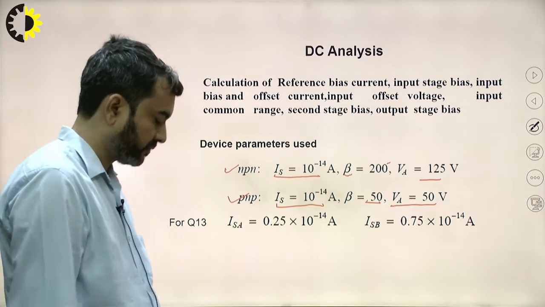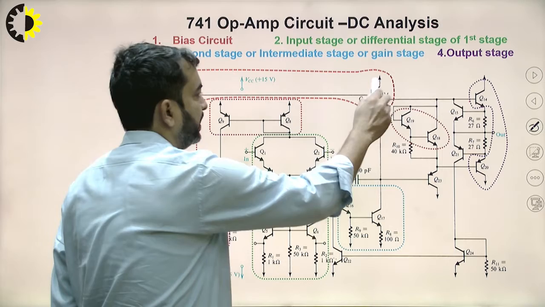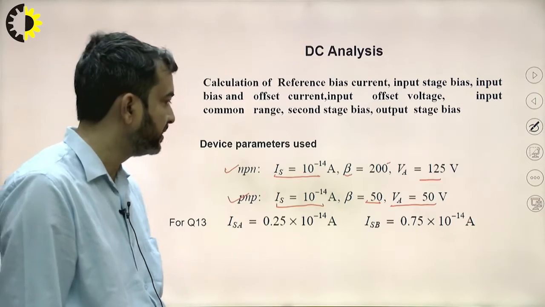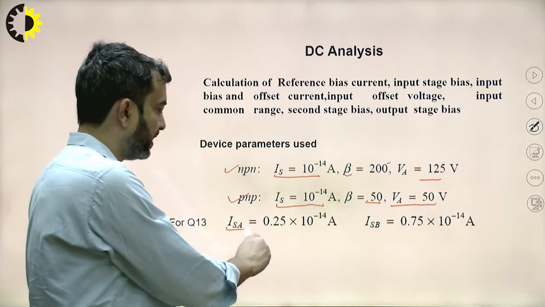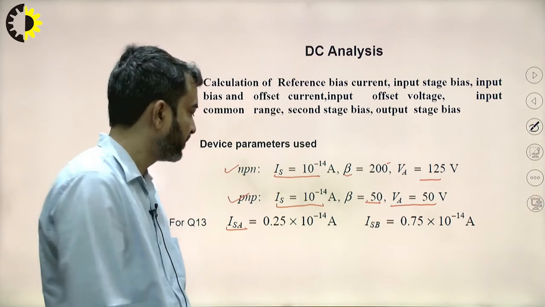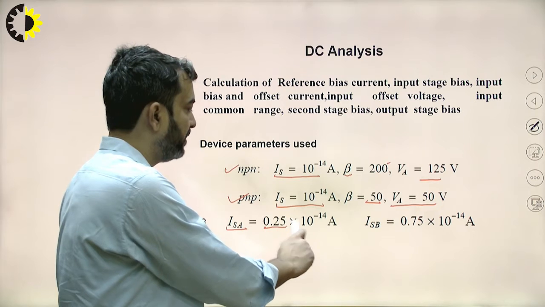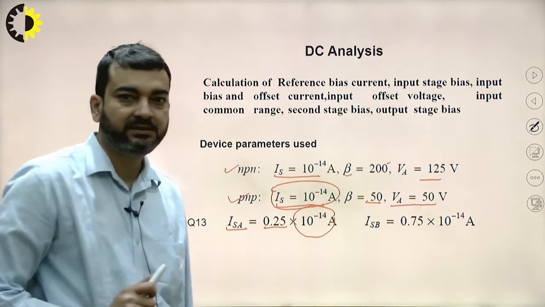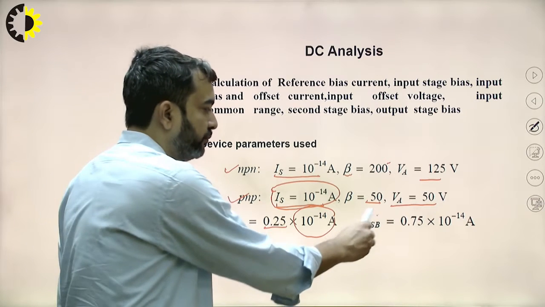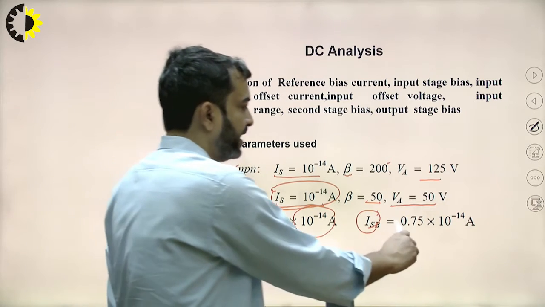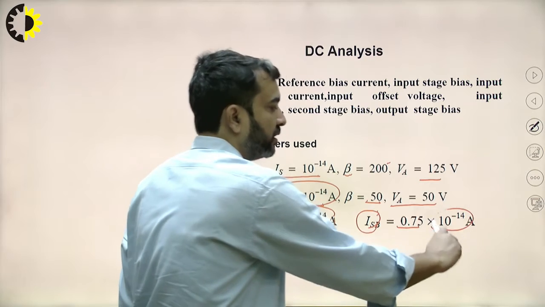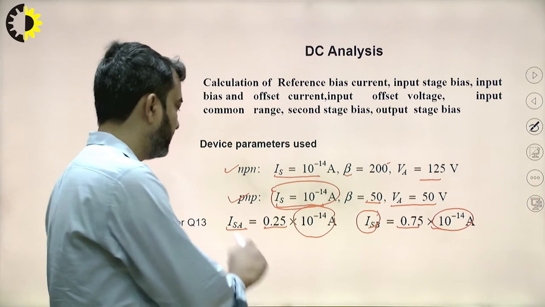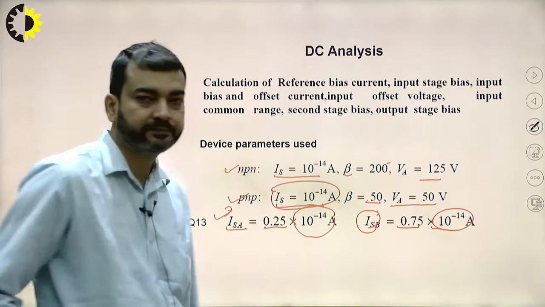Here we have a double collector transistor Q13. For this double collector transistor, the scale current of collector terminal A is 0.25 of the normal scale current, while for collector B it is 0.75 of the normal scale current. So this correlation we have to see.